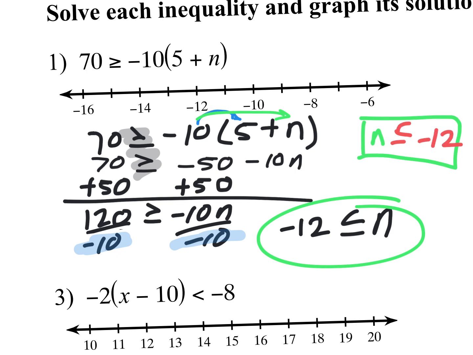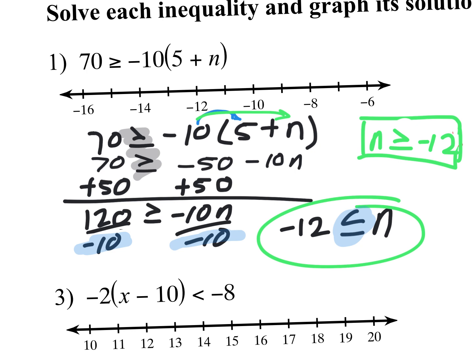Because who's the alligator eating down here? The variable or the number? The alligator's eating the variable. So when you go to flip around that inequality, you need to make sure that in your final answer the variable is also being eaten in that final one right there. So that's the part that's going to be tricky for you guys today.